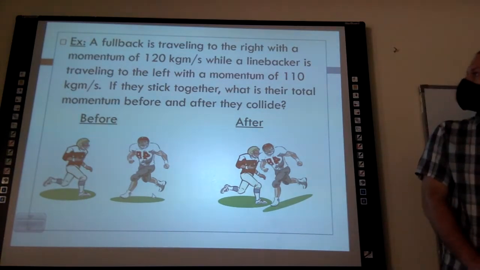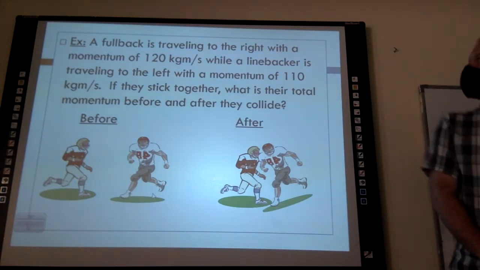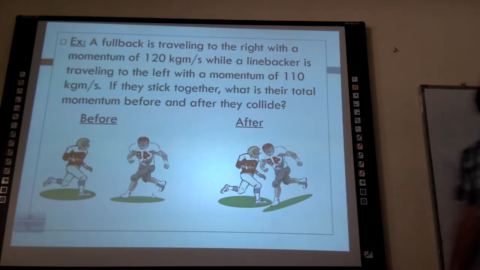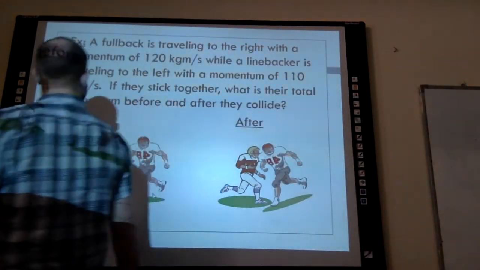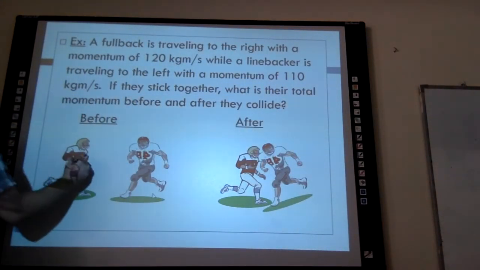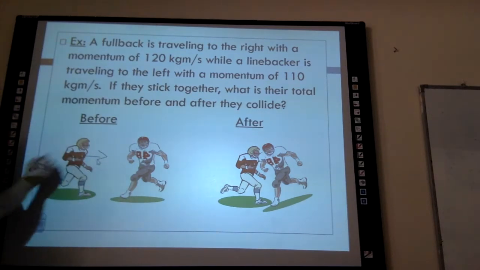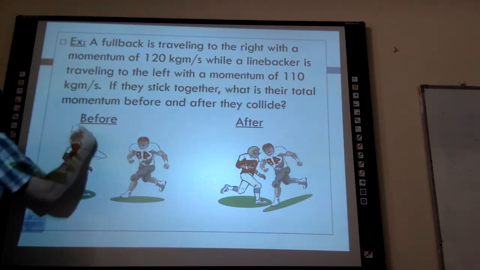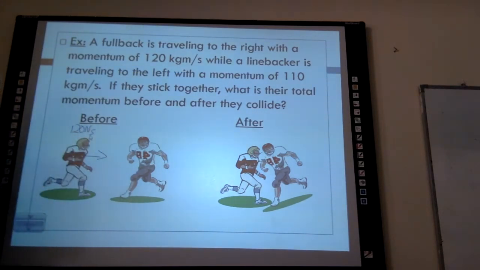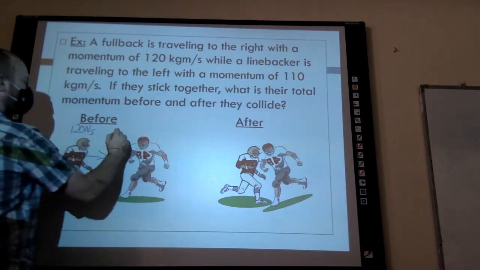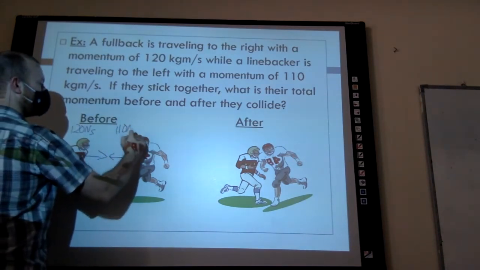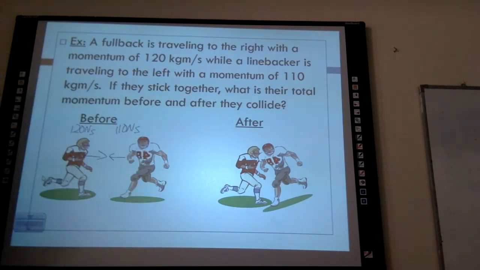So looking at American football, we've got a fullback and a linebacker. They're going to collide with each other. So if we've got the fullback, it's the guy with the football here, traveling to the right, he's got 120 newton seconds going in this direction. Then you've got the linebacker coming in the other direction. He's got 110 newton seconds.